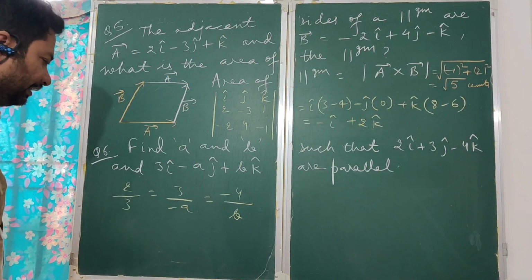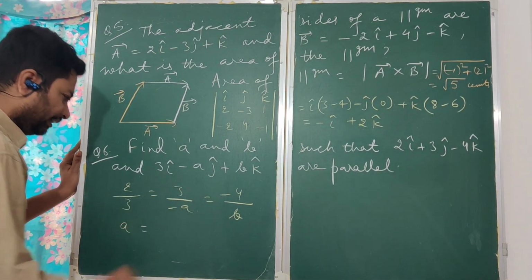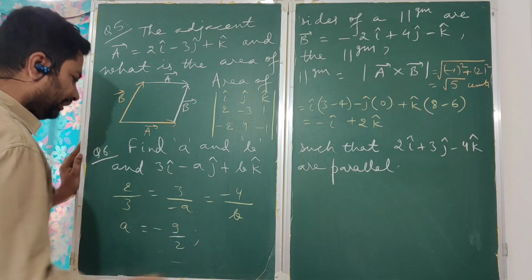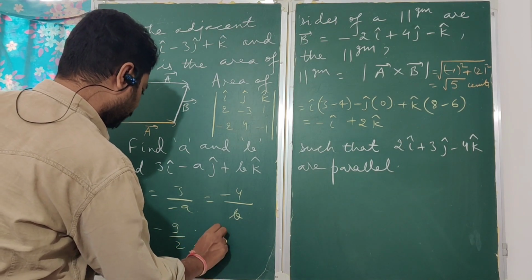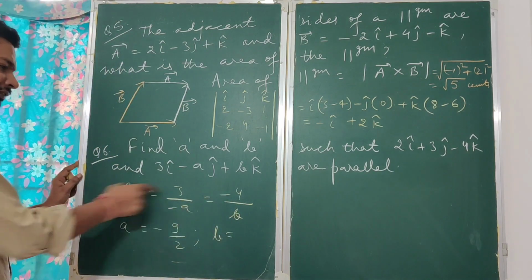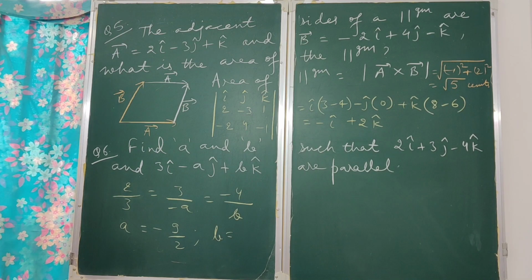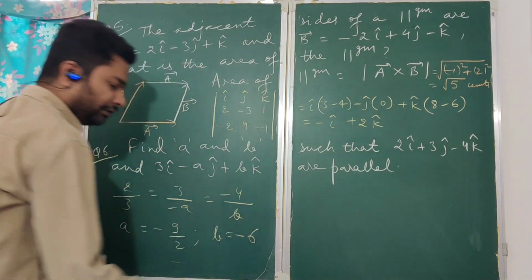So now from here we can determine what a is. It will be equal to minus 9 by 2. What will b be? B will be equal to, you can take the first and third one, minus 12 by 2. So that is minus 6.